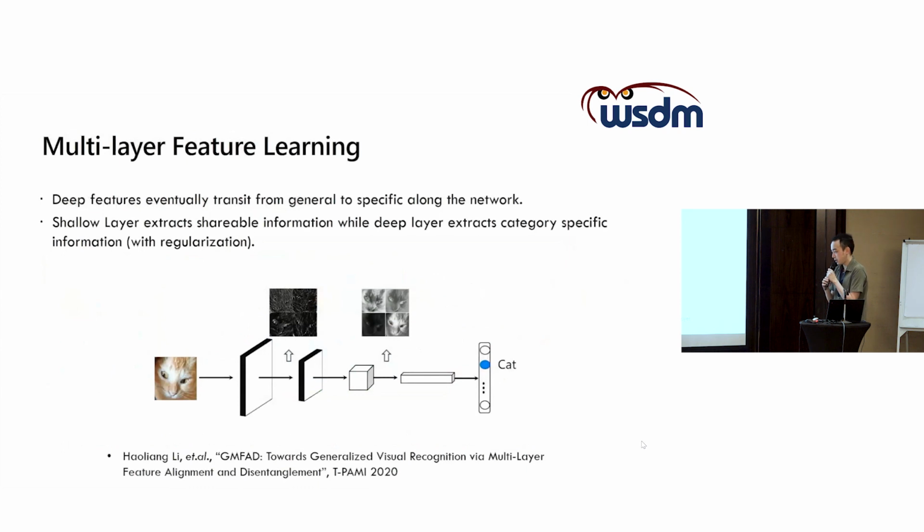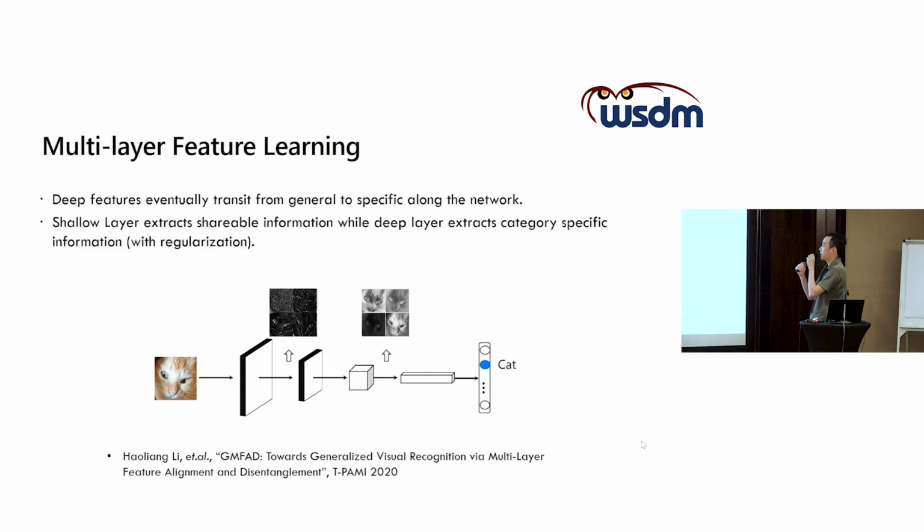Okay, so nowadays we are all doing deep learning, and deep learning is actually based on cascade manners, which means that we have multiple layers available in our deep neural networks. Just now we highlighted that this kind of feature learning can be important, but we missed the importance of the shallow layers and also the deep layers for the problem of domain generalization.